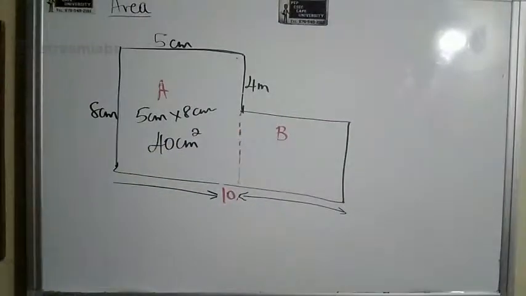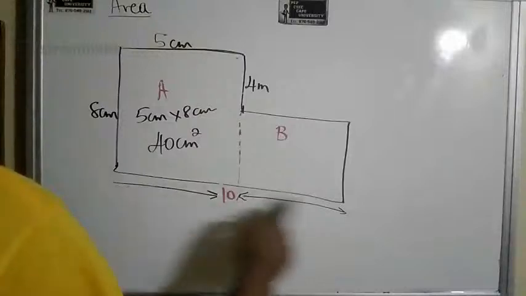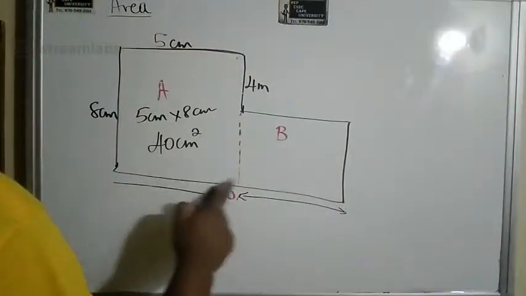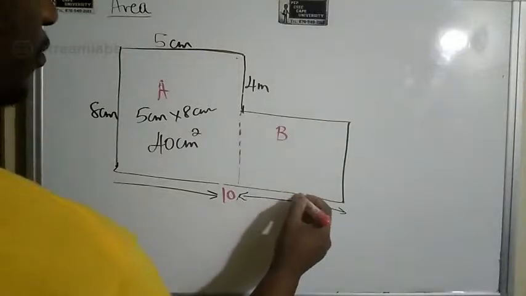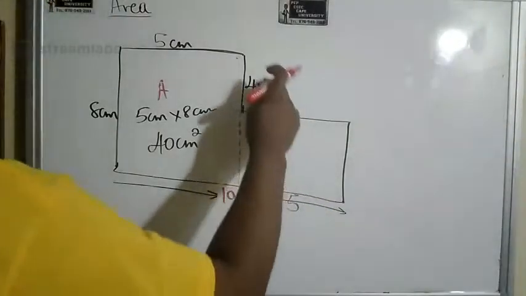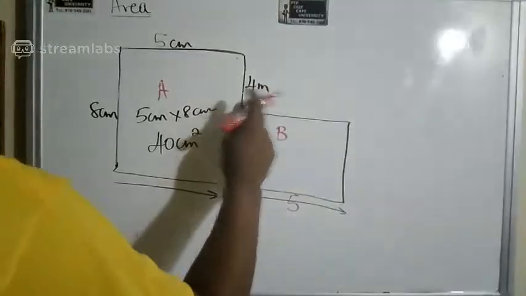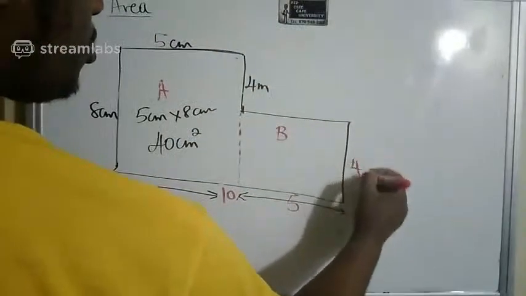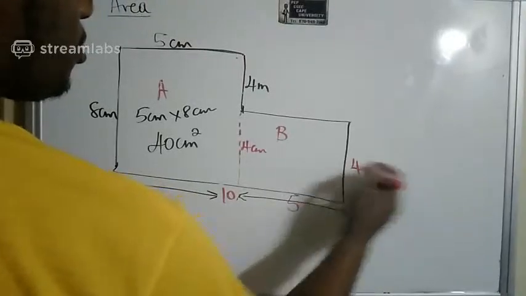And for B now, look at it. All of this is 10, and from right here to right here is 5. So 10 take away 5 leaves us with 5. And this one is kind of easy. All of it is 8. From right here to right here is 4, so this would also be 4. See it? Opposite sides are equal.